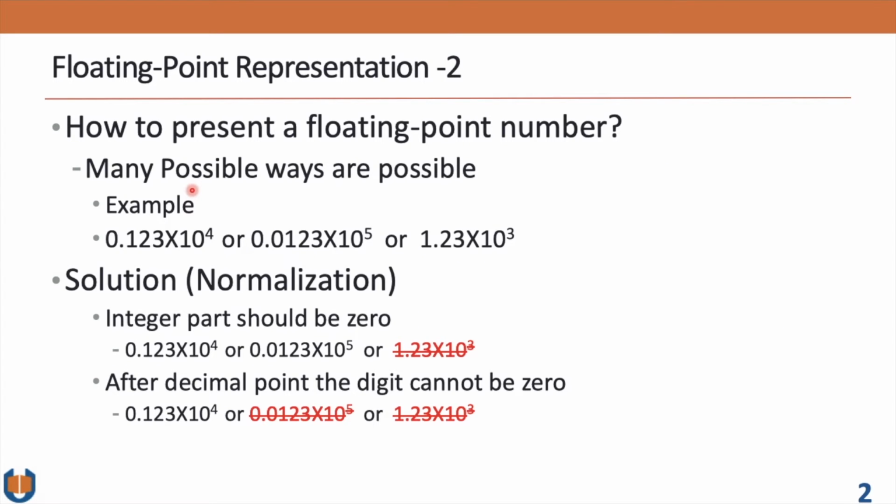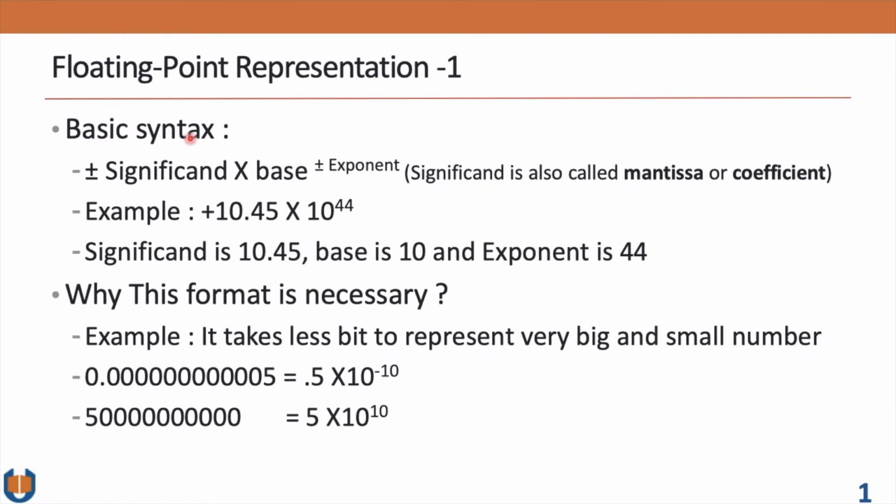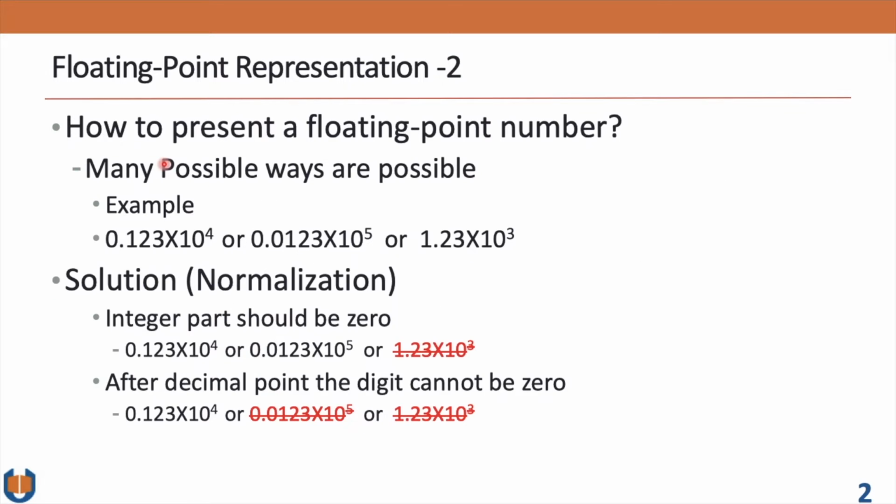Well, after the basic syntax, now I would like to explain how we can represent a number. Although there is a basic syntax here, following this syntax it is possible to write a number in many ways.